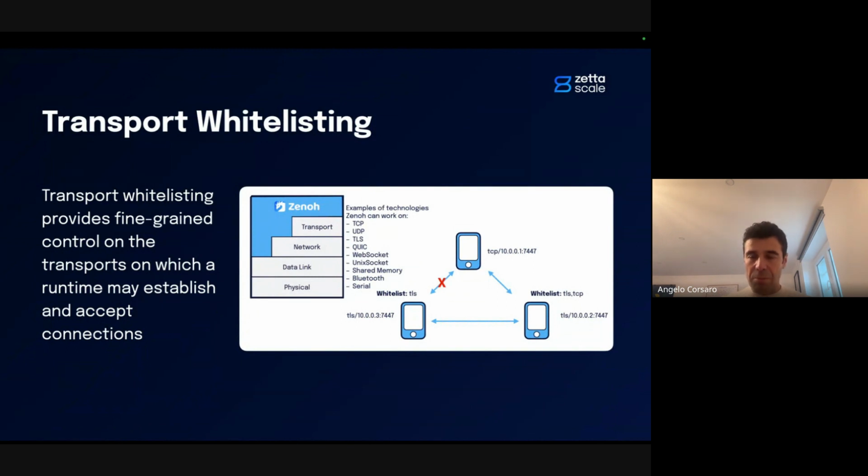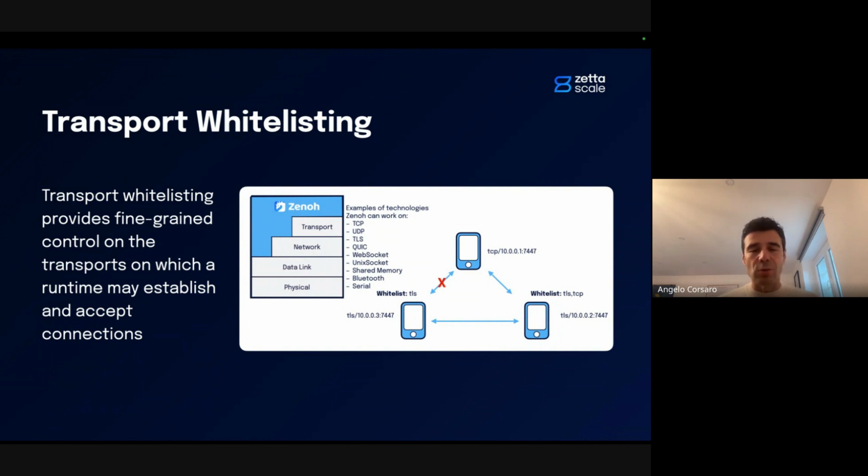That way, you can make sure, for instance, that a router might be communicating only through TLS, or exposing only TLS on the network card that is used to communicate northbound with the internet, as an example. That's a mechanism that is orthogonal to security, but I think it's useful because it allows you to close all the doors and say, no, here only TLS is enabled, and that's it, right?